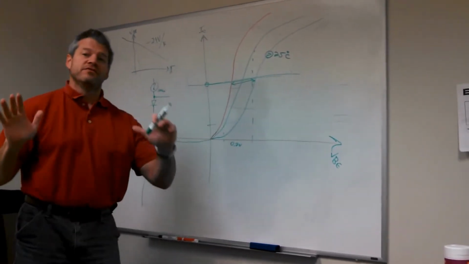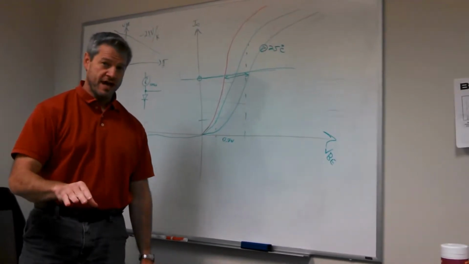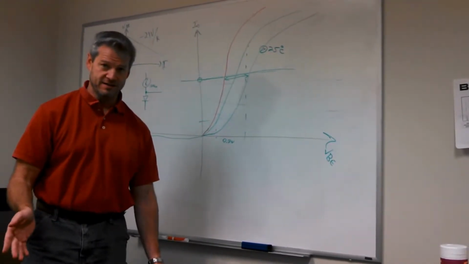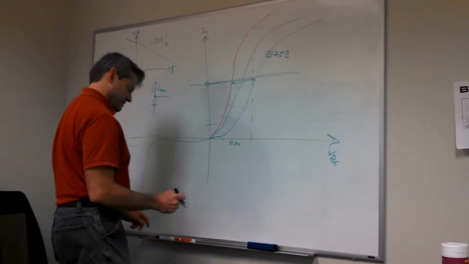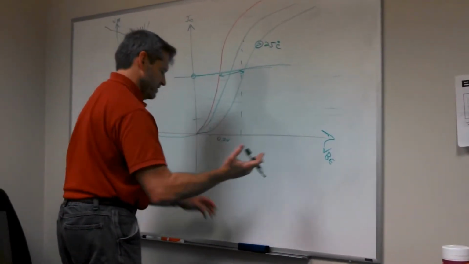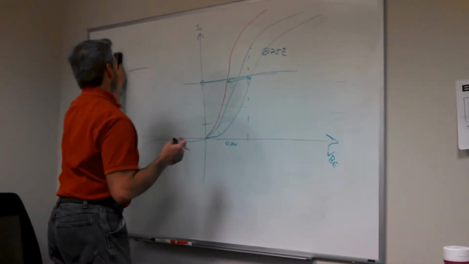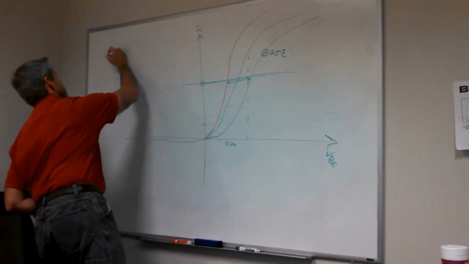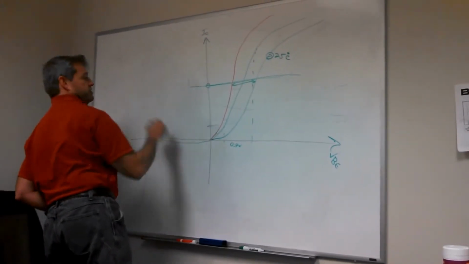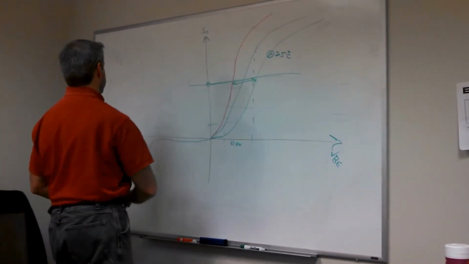Okay. Now, the next question you had was about IS. What the hell is IS, and how do you measure it? So the diode curve is IC, which is this current going through the diode.